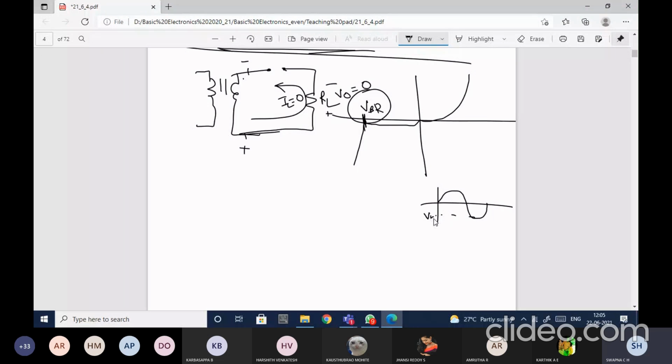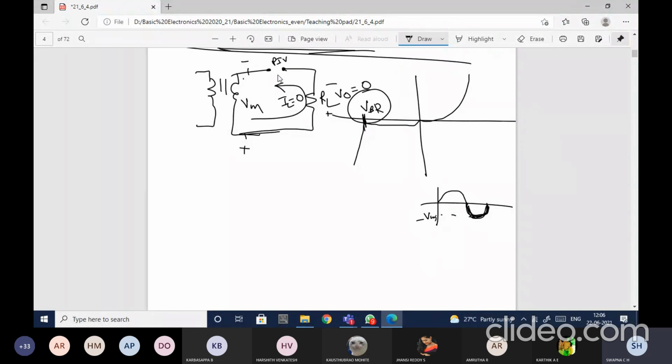Now I need to find what is the reverse voltage that is applied to the diode, because there is a limitation: if the reverse voltage exceeds the breakdown voltage, then the diode will be damaged. So here we need to find the PIV, which is the voltage across this diode.